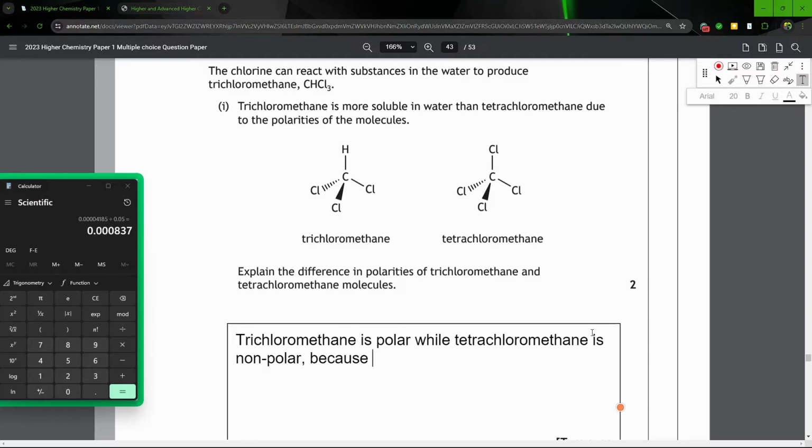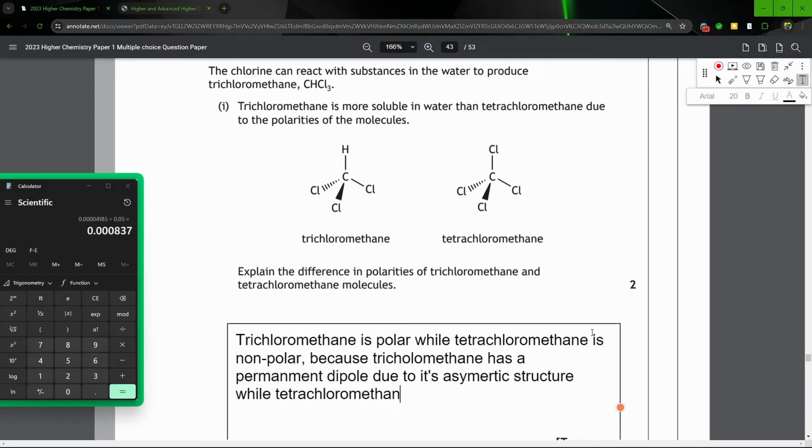Because trichloromethane has a permanent dipole due to its asymmetric structure, while tetrachloromethane is non-polar, has no permanent dipole, due to its symmetric structure.